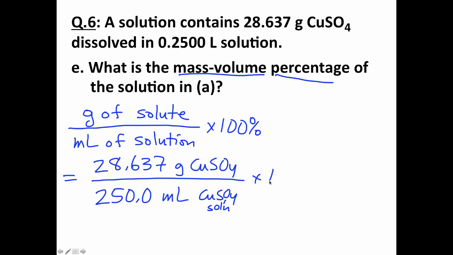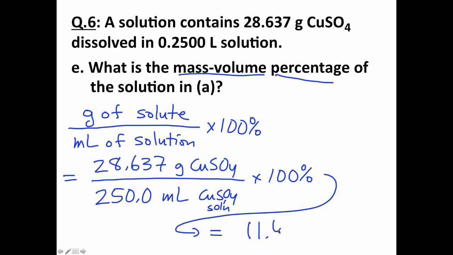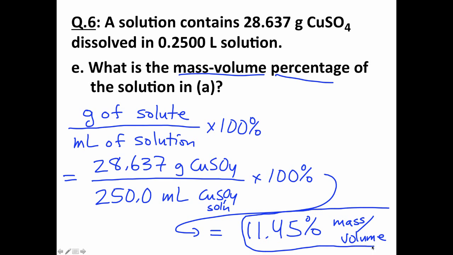And then times 100 gives us percent. And when we work this out, it gives 11.45%. And this would be our mass to volume percent of this solution.